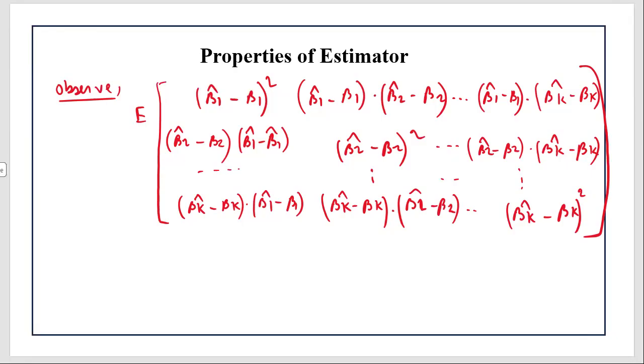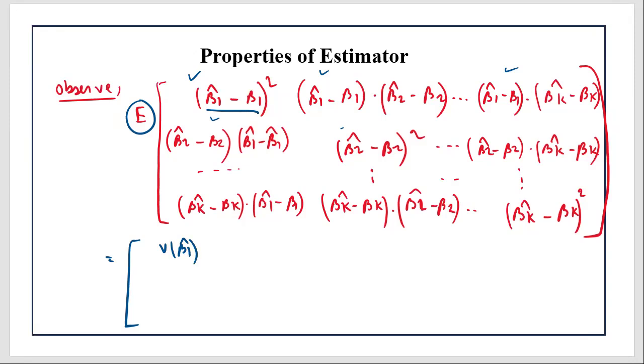And now if you individually take the expectation of each of these terms, you will have something like this. What can you tell me? Expectation of beta 1 cap minus beta 1 whole square is what? Pause the video and think. This will be simply the variance of beta 1 cap.